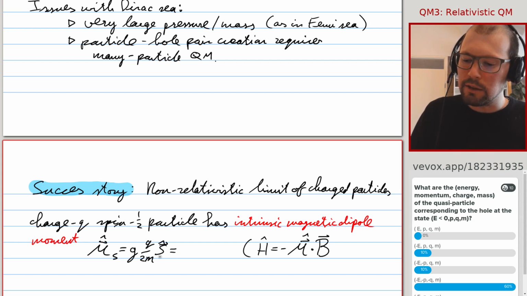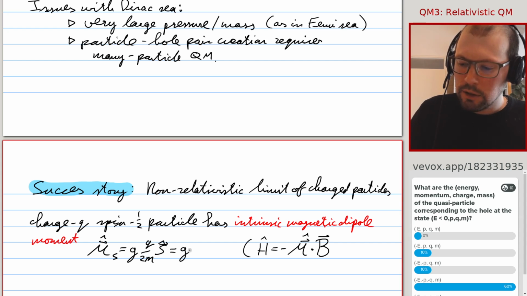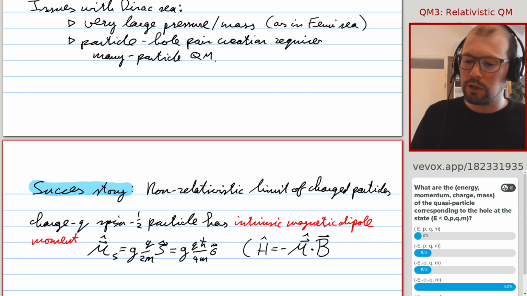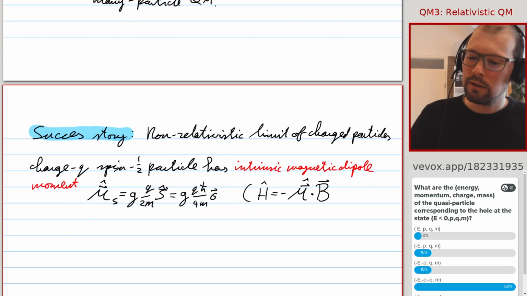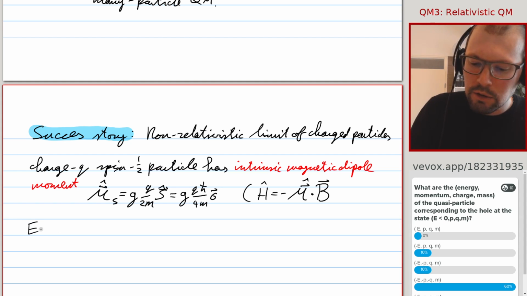So plugging in the spin matrix for a spin 1/2 particle, so that's just the Pauli matrix, this is q h bar over 4m Pauli matrix.